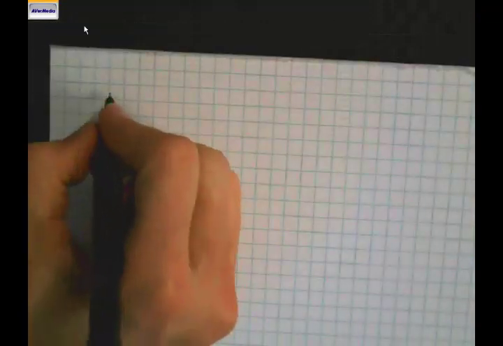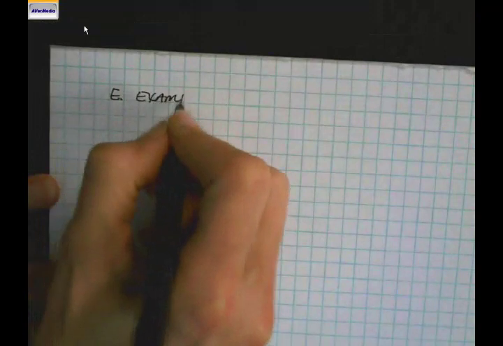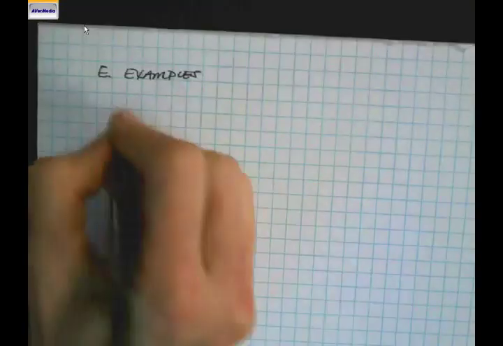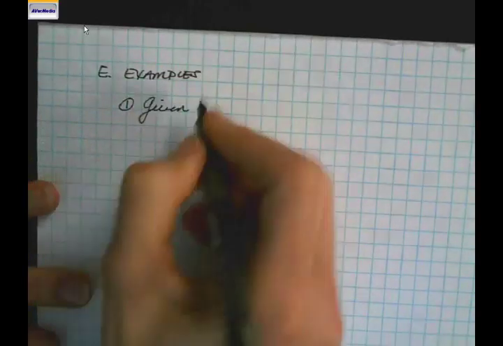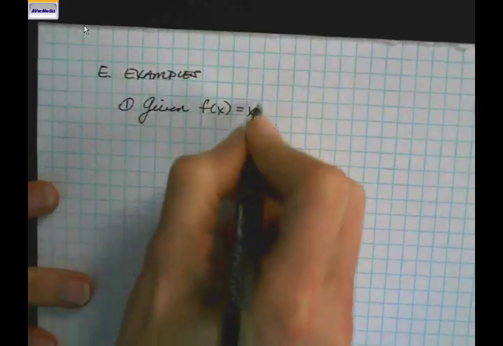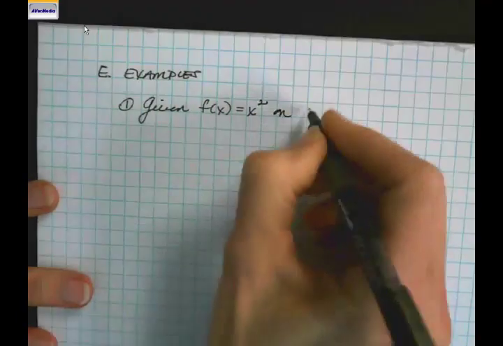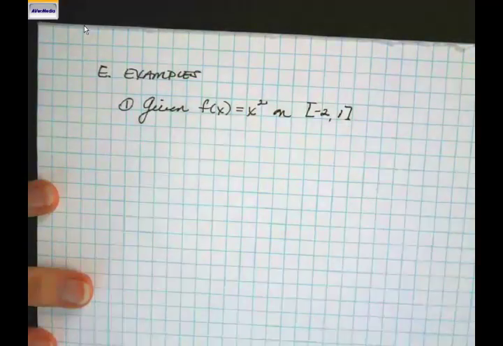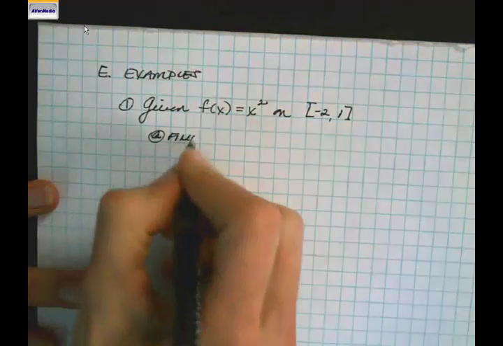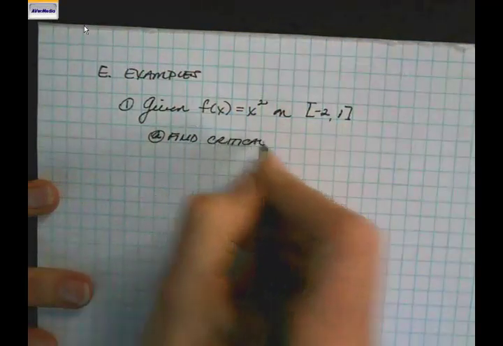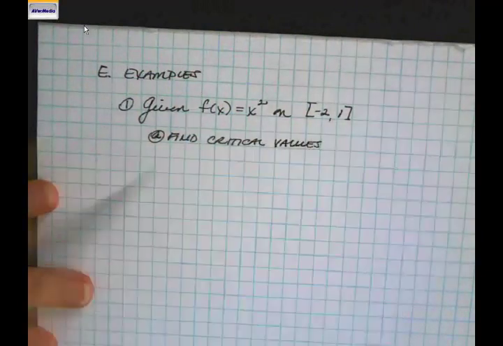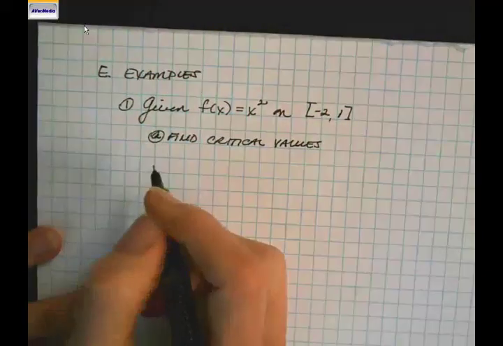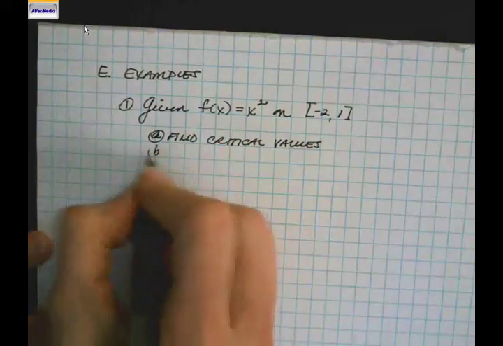Okay, so part E, examples. That's a good title for examples, part E. Given that f of x equals x squared on a limited domain of -2 to +1, we want to find the critical values, and then we want to find the absolute max and absolute min if they exist.